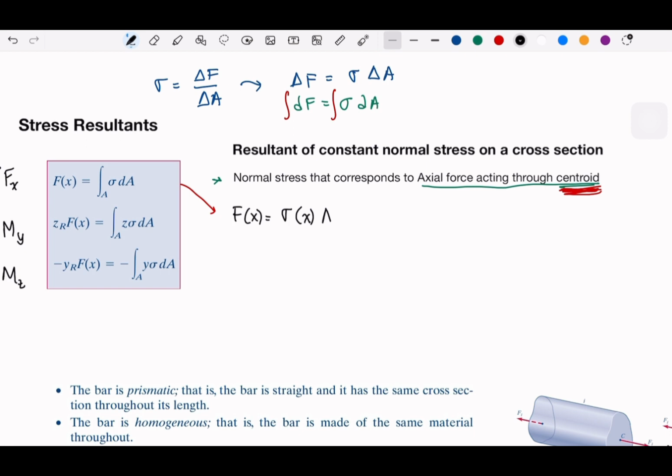It will multiply with A, and then the z F of x will be equal to sigma x multiplied by the distance, which becomes the centroid z, and this becomes the centroid y.